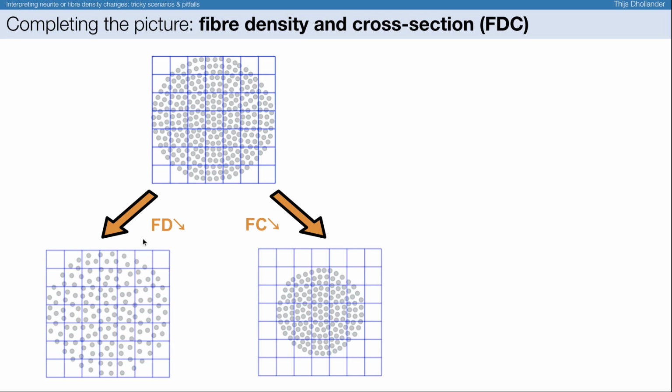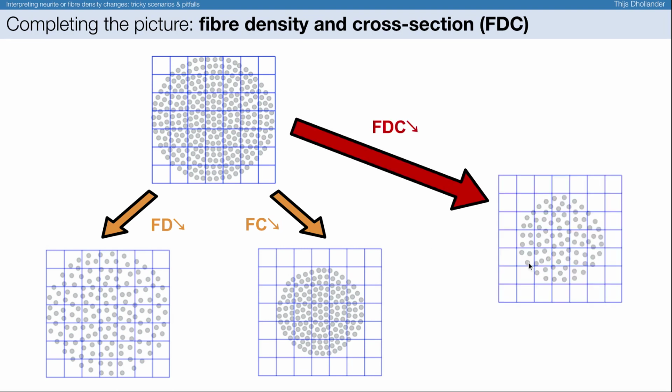But we do have the specificity to distinguish whether that's due to a decrease of fiber density or a decrease of fiber cross-section. We can even put these two together, and that's what we call the fiber density and cross-section metric, FDC, which is computed as simply the product of FD and FC.